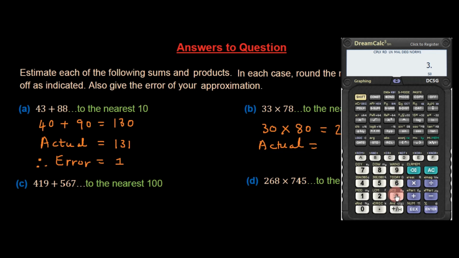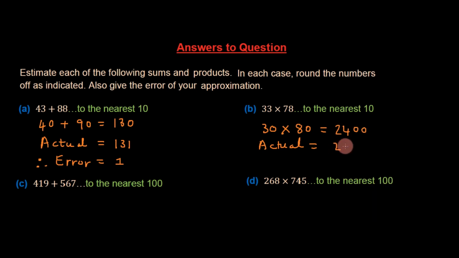So it's 33 multiplied by 78, which is 2,574. Let's work out the error. The error will be the difference, in this case 174.